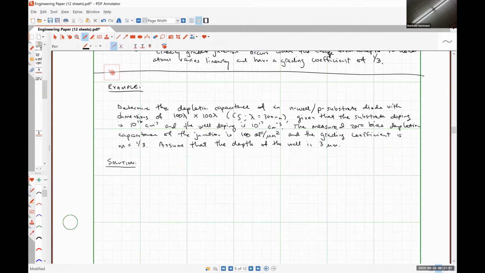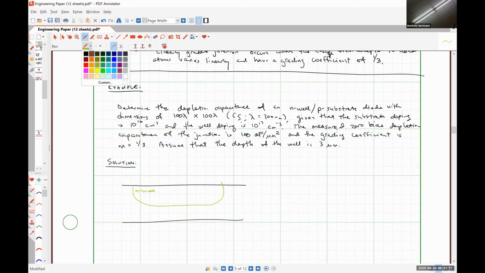So if we look at a picture of an N-well substrate junction, where here is our N-well, we have an obvious capacitor formed between the bottom of the well and the substrate.